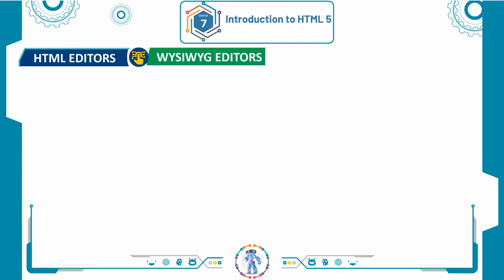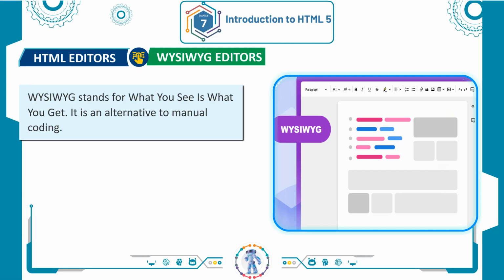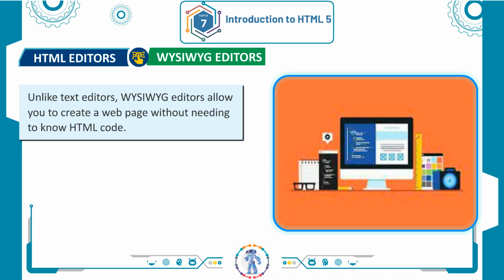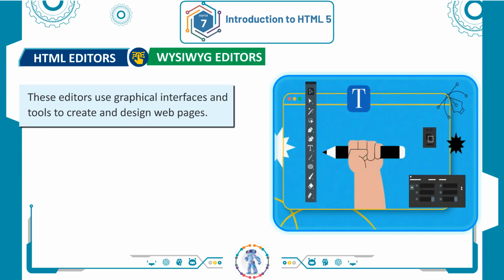WYSIWYG editors. WYSIWYG stands for What You See Is What You Get. It is an alternative to manual coding. Unlike text editors, WYSIWYG editors allow you to create a web page without needing to know HTML code. These editors use graphical interfaces and tools to create and design web pages.